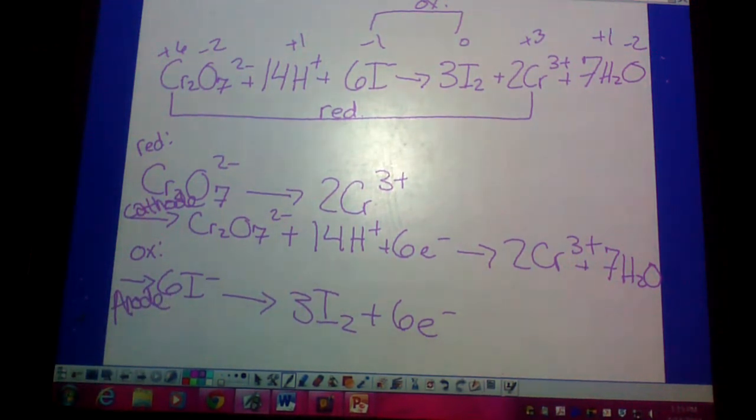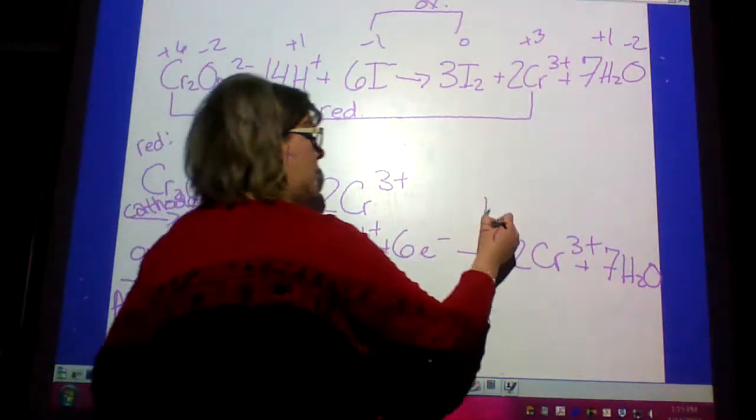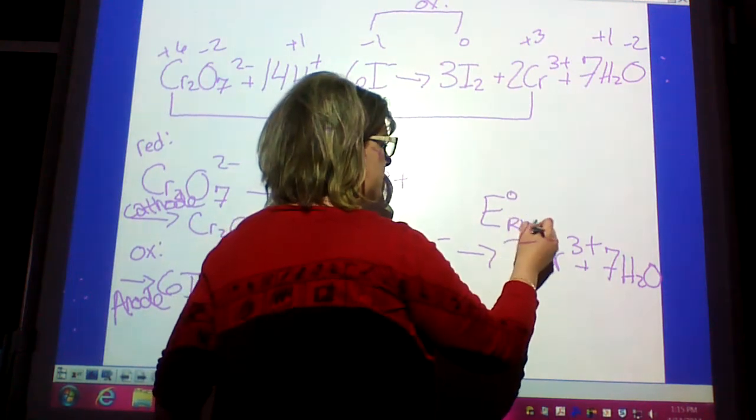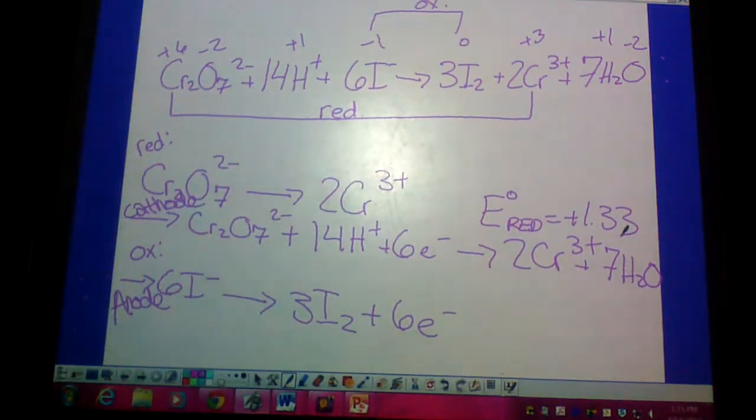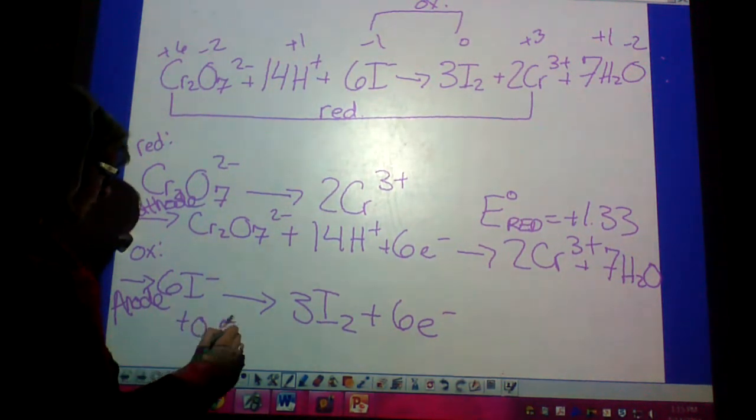If I look up the values of these two reactions using my chart, I will find that my cathode is going to have a reduction potential of 1.33, and my anode is going to have one of positive 0.54.